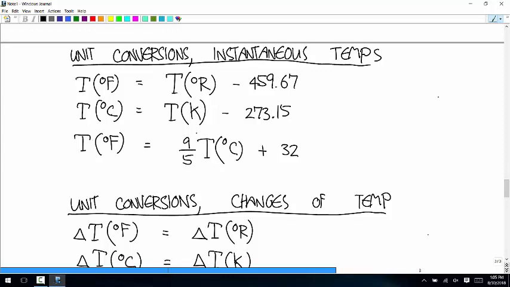But what if somebody told you the temperature went down 5 degrees Celsius, it got colder, 5 degrees Celsius. If you still use this additive constant, you take 5, you'd get negative 9 degrees plus 32, and that would tell you that in Celsius it went down 5 degrees, in Fahrenheit it went up 22 degrees or 23 degrees or whatever that is. That doesn't make any sense. So when you're talking about changes in temperature, those constants go away.